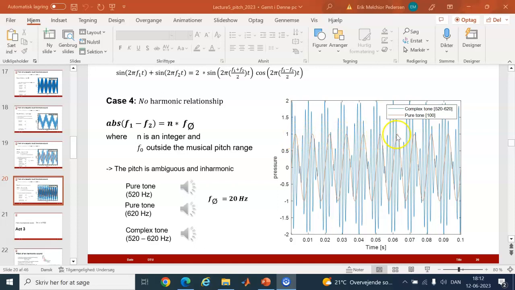This is a pure tone with a period of 0.01 second, one divided by 100. Like this. The blue complex tone has a much bigger frequency and a much smaller period.